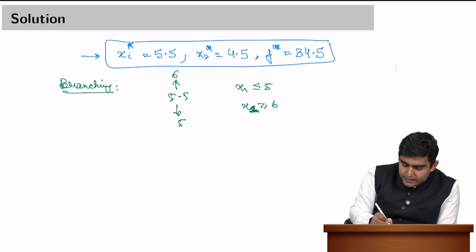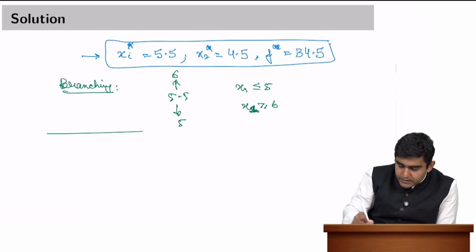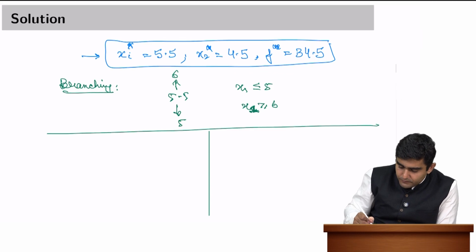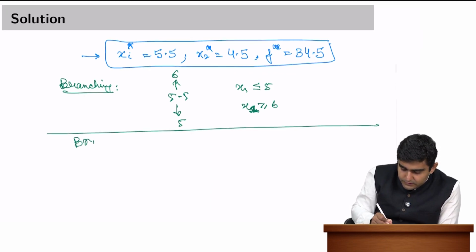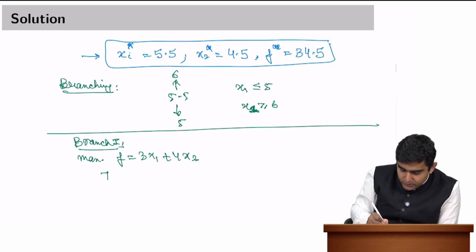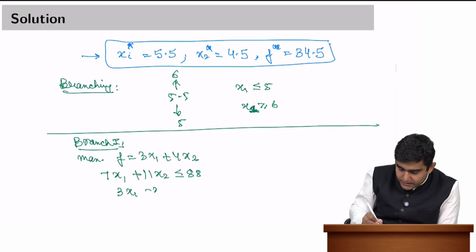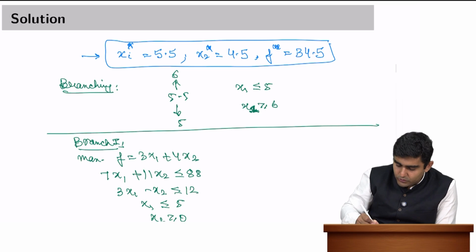Now when we branch on x1, we will have two branches coming out here. So I will just write branch 1 and branch 2. So branch 1 would look like: maximize f equal to 3x1 plus 4x2 subject to 7x1 plus 11x2 less than 88, 3x1 minus x2 less than equal to 12, an additional constraint of x1 less than equal to 5 and x2 greater than equal to 0.